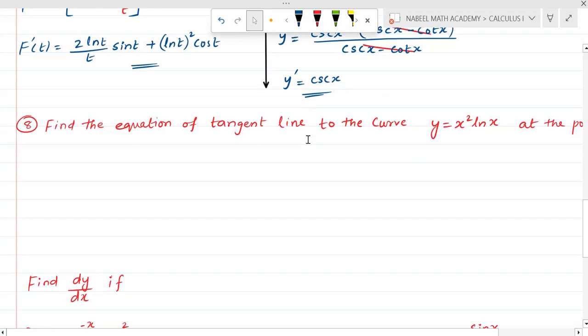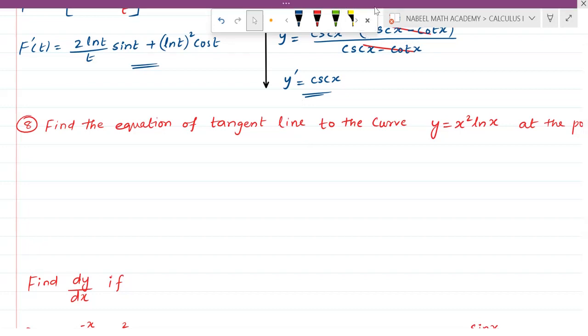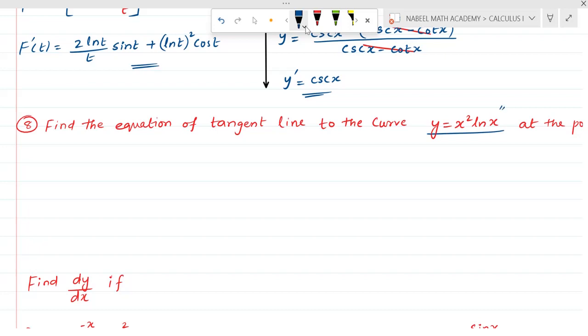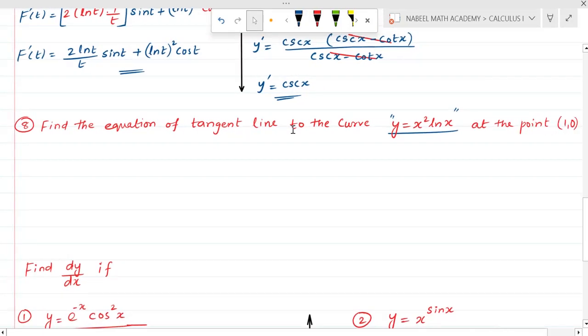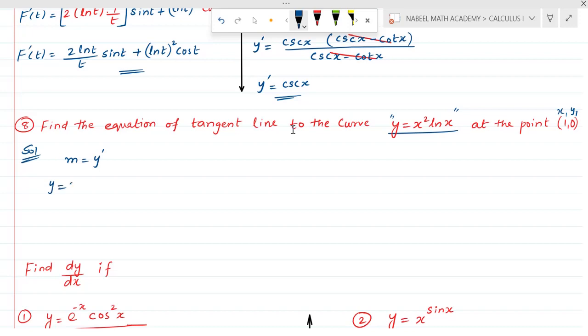Now the next one is the tangent line. You have the function and also the point is given. The point is 1 comma 0, so this is x1, y1. We need to find m, which is nothing but the slope. How will you calculate the slope? Slope is nothing but y prime. Here the given function is y equals x square ln x.